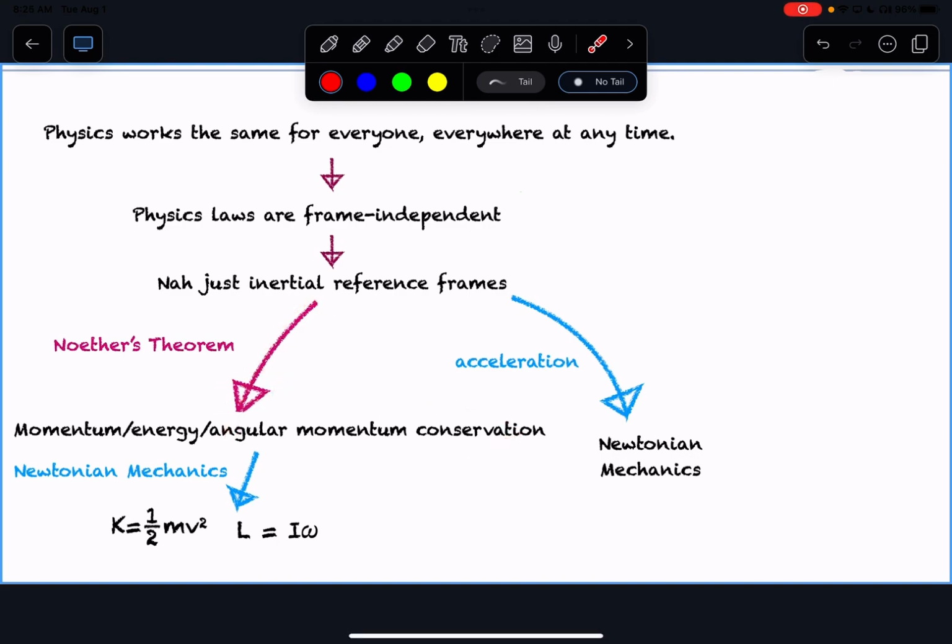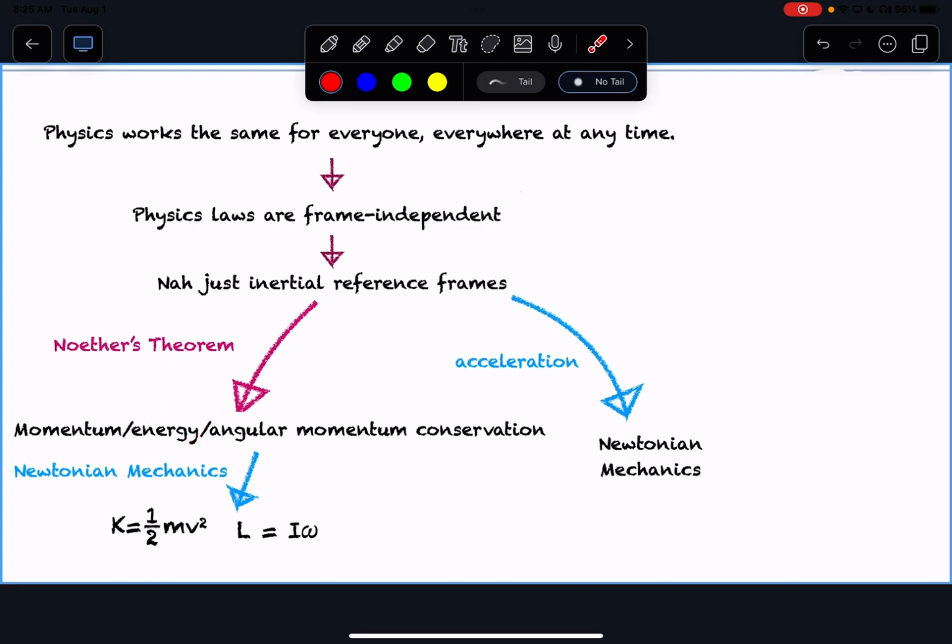So you know there's going to be a thing called momentum, which corresponds to the symmetry of shifting your position. And there's going to be a conserved quantity called energy, which corresponds to time evolution. If your law doesn't change today, yesterday, and tomorrow, then you know energy should be conserved.